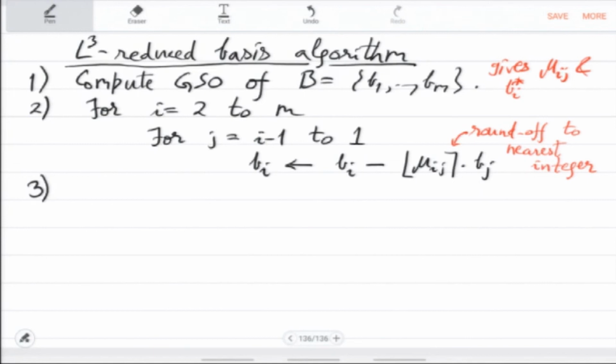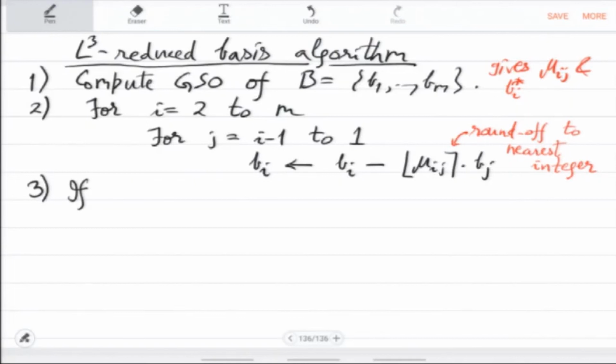Remember condition 2, we wanted these projection constants mu to be less than or equal to half. So this rounding off will make sure that it's less than or equal to half, but the first condition may still not be satisfied. So let us see whether it is satisfied or not.